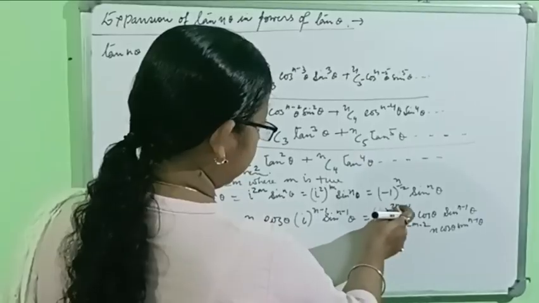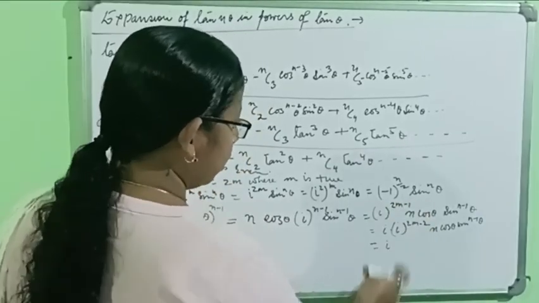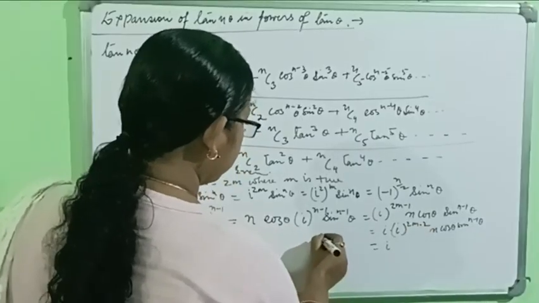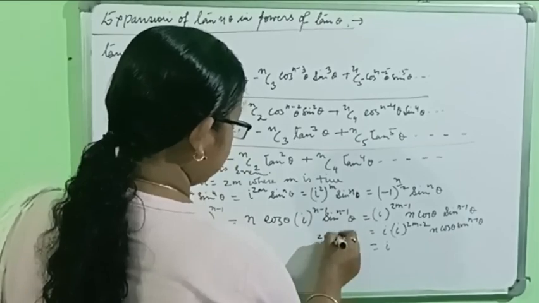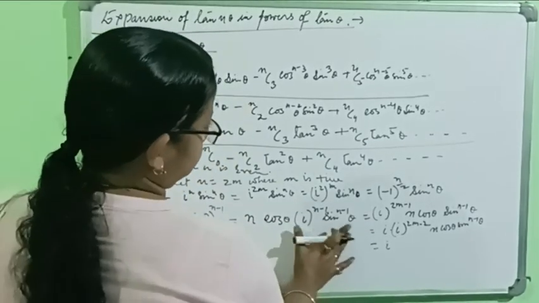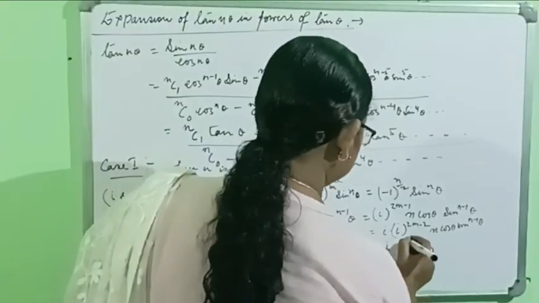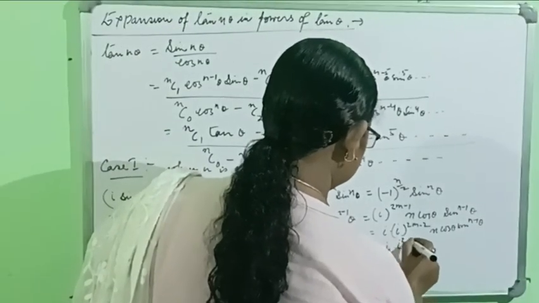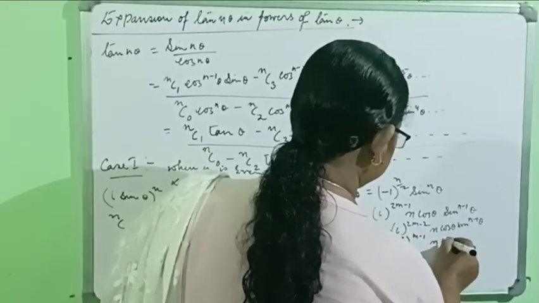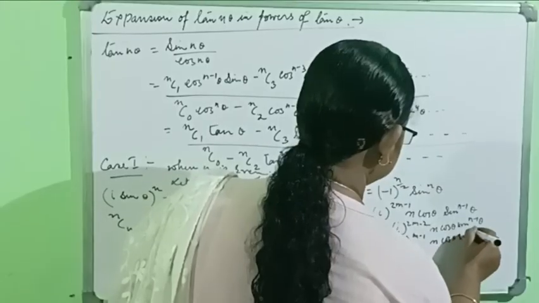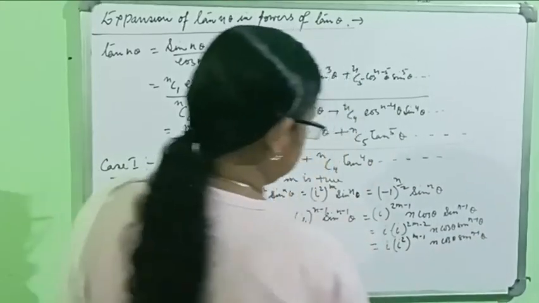If I add the power, 2m minus 2 plus 1, that will give you the power 2m minus 1. So this can be written as i^(2m-2) times cos theta sin^(2m-1) theta.